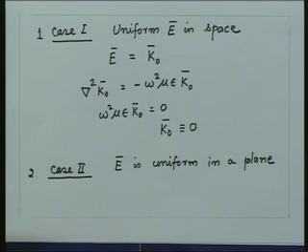Without losing generality, let us assume that we orient our coordinate system in such a way that the electric field is oriented in x direction. Up till now we have not defined which way the coordinate system is and which direction the electric and magnetic fields are oriented. So, we have a freedom to choose the coordinate system, and we choose it such that the x axis is oriented in the electric field direction.